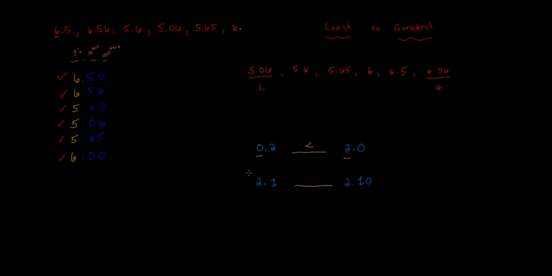Well, let's look. In the ones place, as a whole number, they have the same thing. So they're equal so far. So we don't have to worry about that. If we go to the next place, the decimal obviously, and then you've got your tenths place at the end, they're still the same. So I don't have to worry about that either.